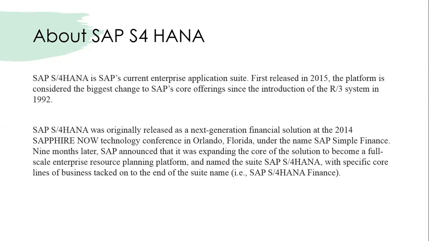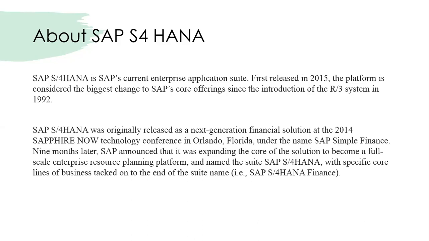Nine months later, SAP announced that it was expanding the core of the solutions to become a full-scale enterprise resource planning platform. So the idea was to support finance, as it's a module.